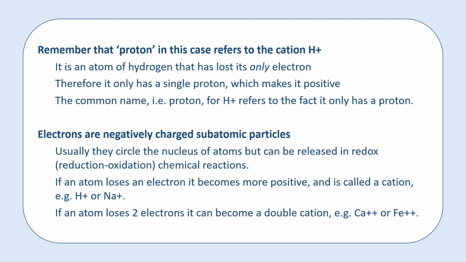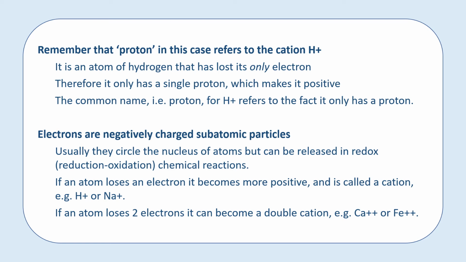If an atom loses an electron, it becomes more positive because it's lost negative charge. Then it's called a cation. So an example might be H+, Na+, K+. If an atom loses 2 electrons, it can become a double cation. Key examples in the body are certainly calcium, Ca++, we will come back to, or Fe++, iron. And this is the way I want you to write these cations.